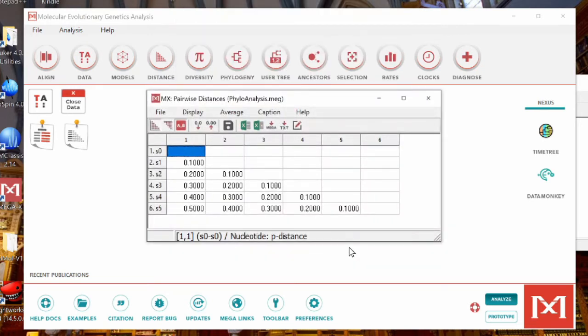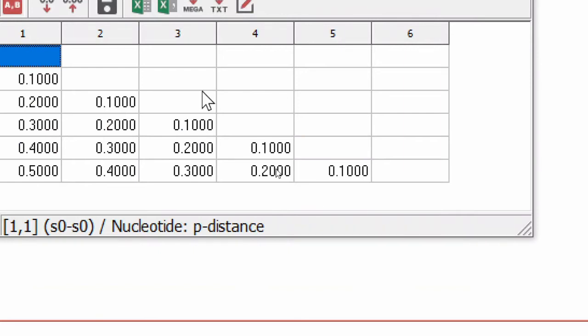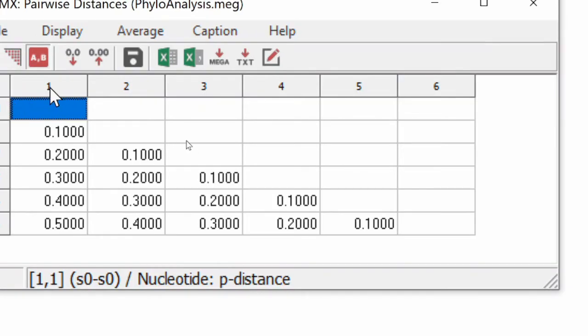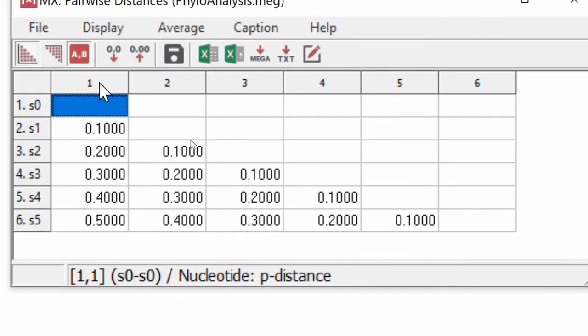So what do we have in this distance matrix? We have the pairwise distances between all the 5 sequences, and as we remember, between the first and the second sequence, there's only one nucleotide substitution. Therefore, the p-distance is 0.1, 1 divided by 10. If we multiply this by 10, it gives us the number of substitutions, so 1.